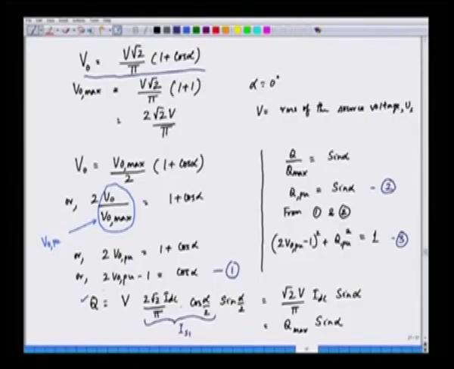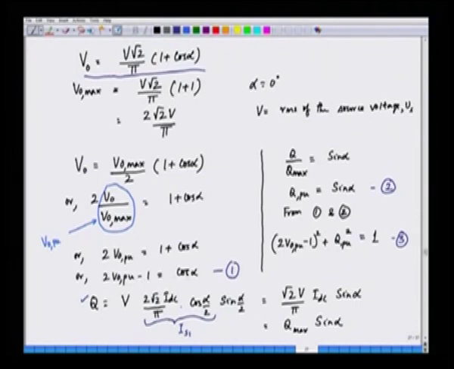So, V naught by V naught maximum, V naught maximum is the maximum output voltage, is the per unit output voltage, that is V naught per unit, and that we see in this equation, that V naught per unit is 1 plus cos alpha. We separate this cos alpha out. So, 2 V naught per unit minus 1 is cos alpha.